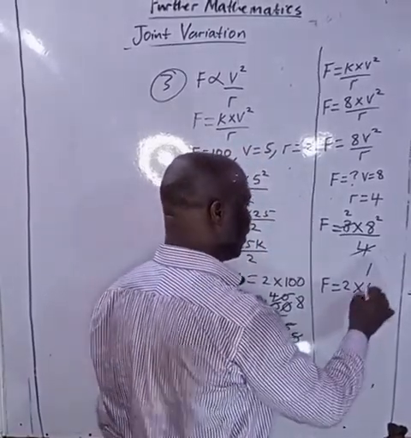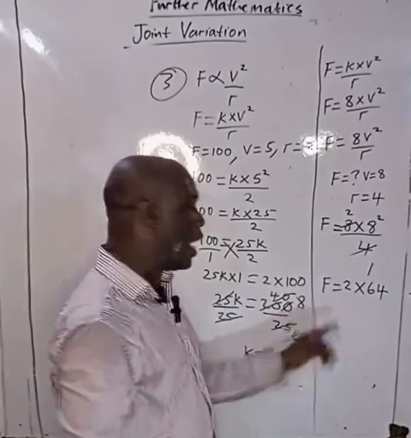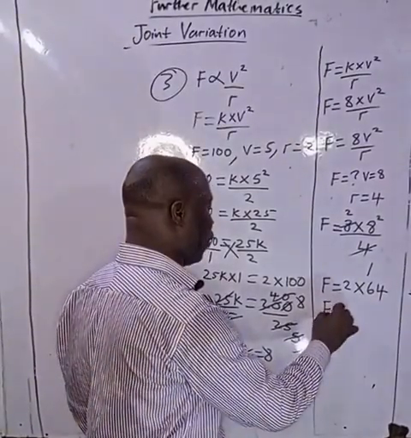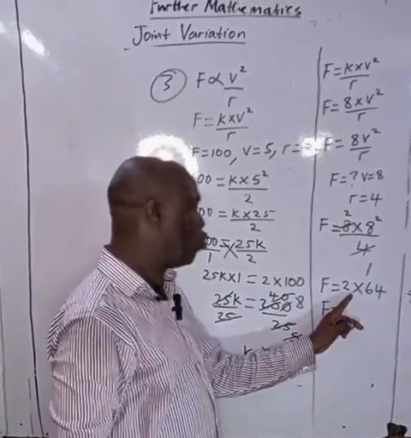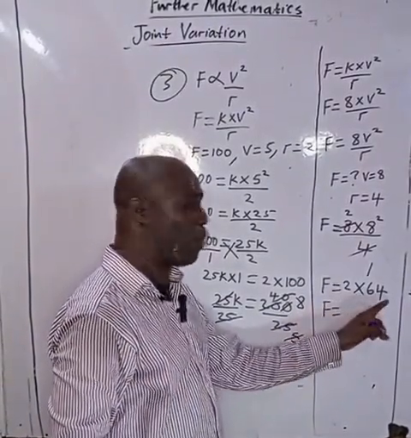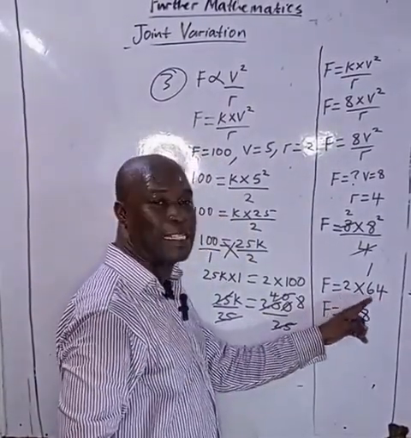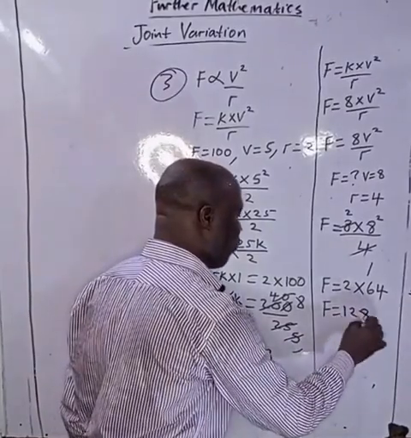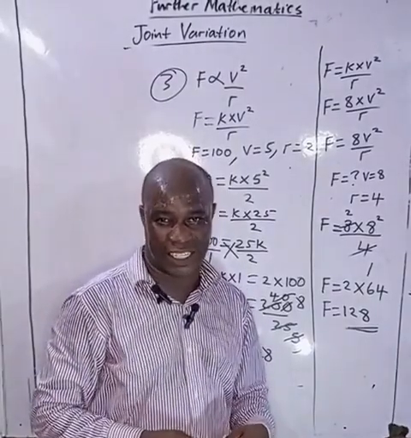So we have 64. To get the final answer, you need to multiply 64 by 2. 2 multiplied by 4 is 8, and 2 multiplied by 6 is 12. Our final answer is 128.